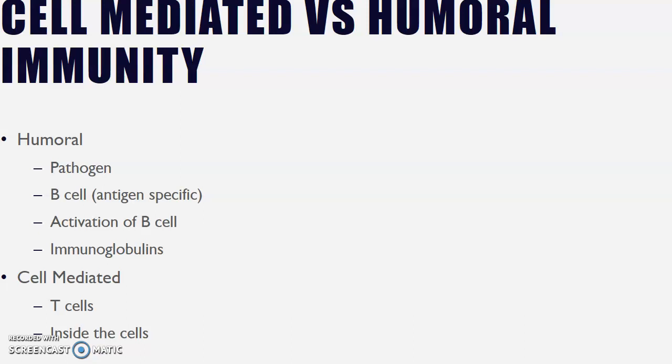The B cell recognizes the antigen, and when the antigen comes in contact with the cell surface receptor, the B cell becomes activated. Most B cells are differentiated into plasma cells. The plasma cell secretes the immunoglobulin, and then some of those B cells are also memory cells.